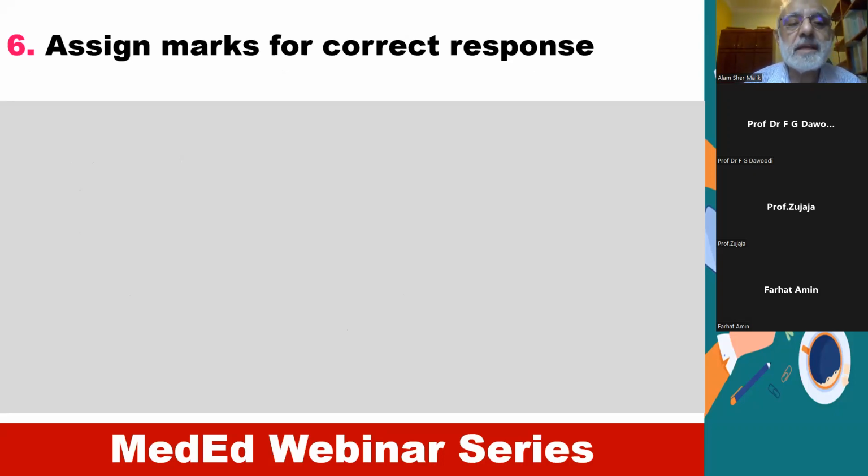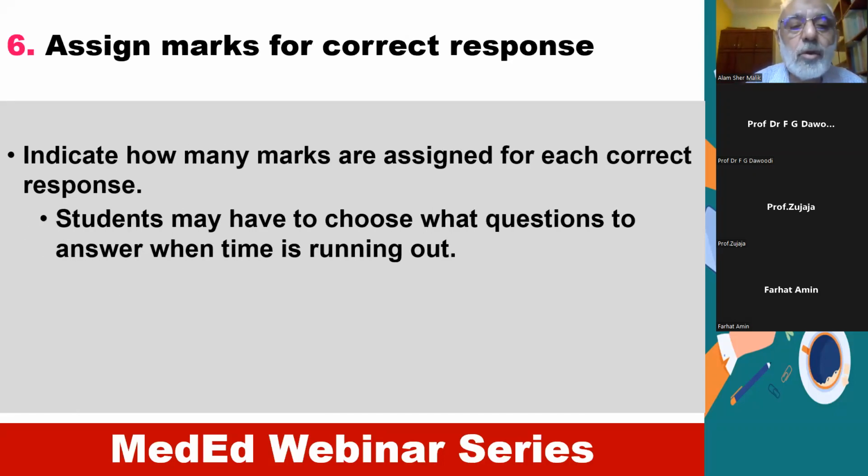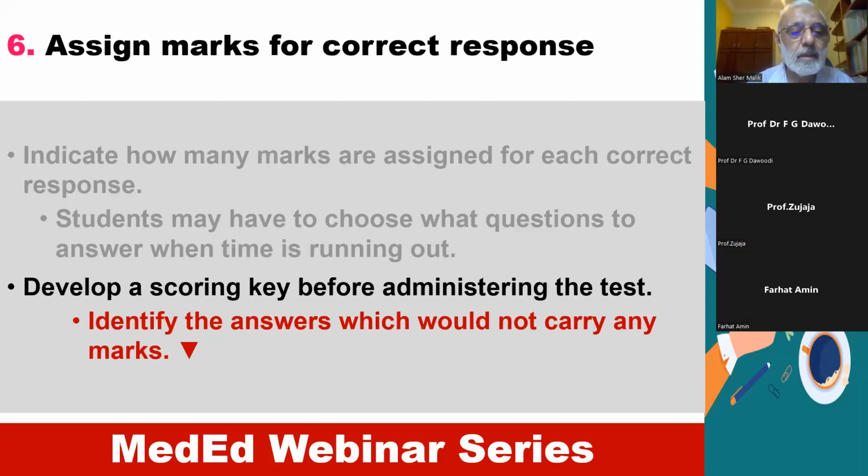Number 6, assign marks for correct response. Indicate how many marks are assigned for each correct response, because the student may have to choose what questions to answer when the time is running out. For this purpose, we must develop a scoring key before administering the test, and also identify the answers which would not carry any marks.